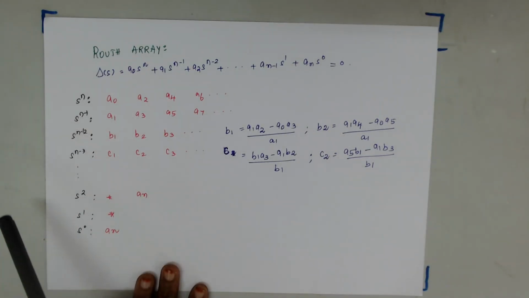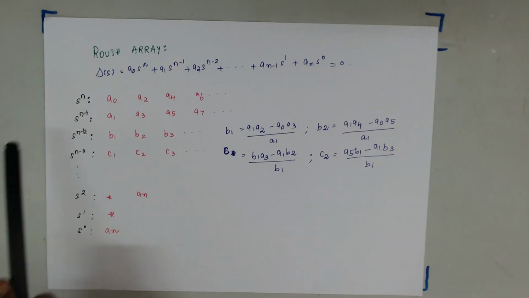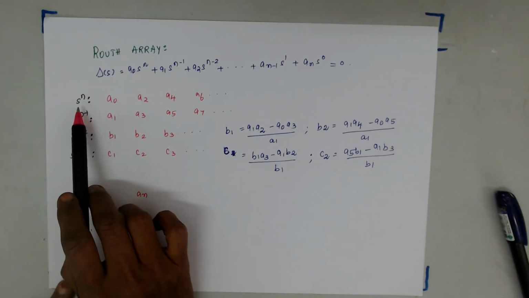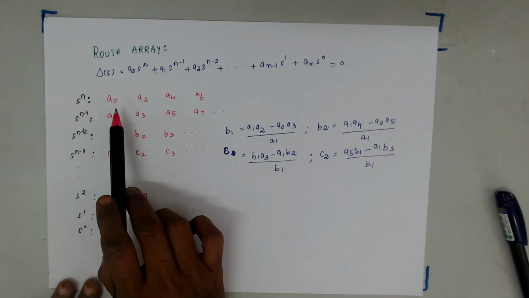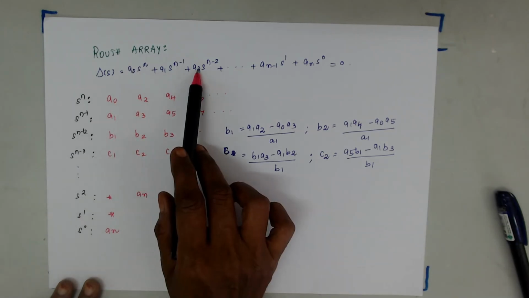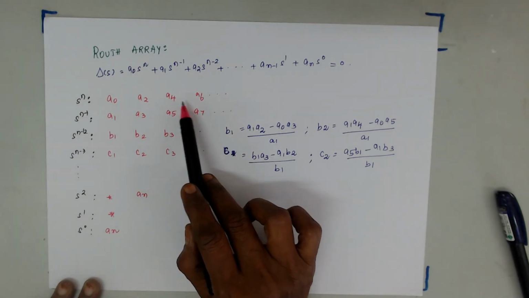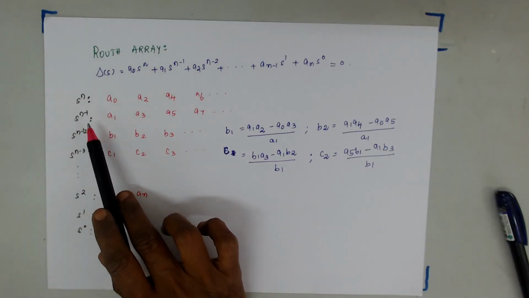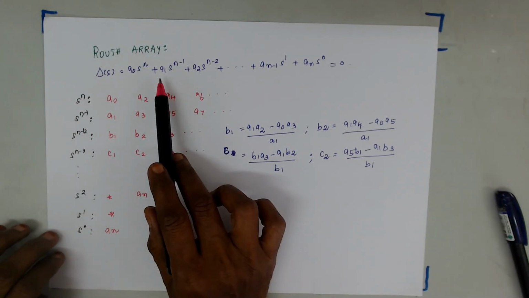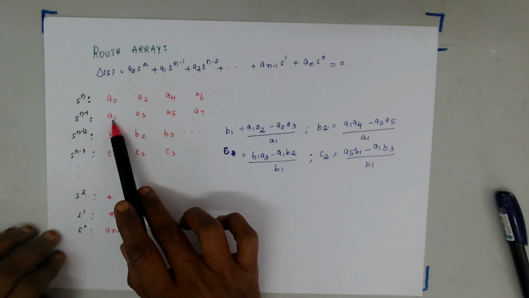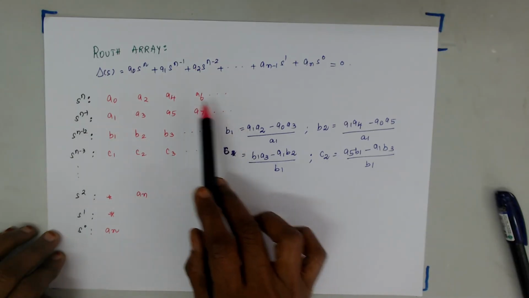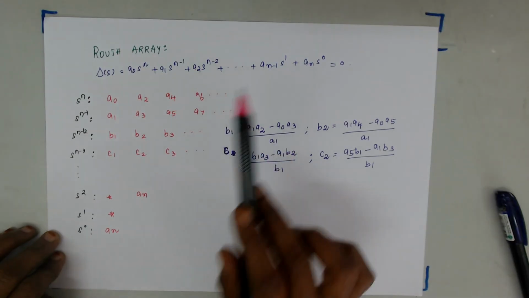Now the Routh array is constructed by first writing the highest power, s power n, on the first row, and it is constructed with all even coefficients like a0, a2, a4, a6 etc. And the second row of the Routh array is constructed by taking the odd coefficients a1, a3, a5, a7 etc. The coefficients may go up to the given power of your equation.